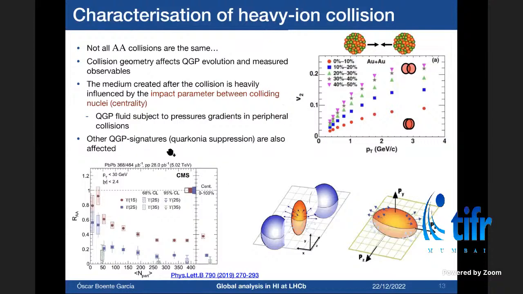And other QGP signatures like quarkonium suppression are also affected, as you can see here. So this is a very important quantity.